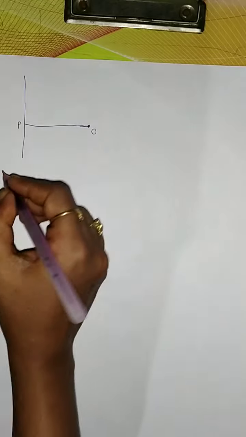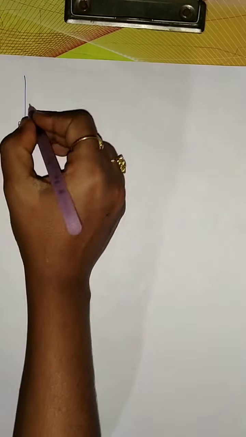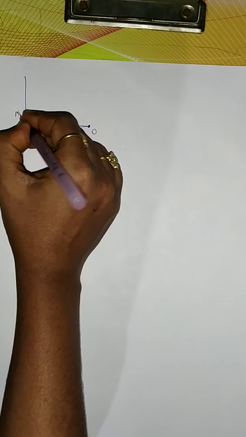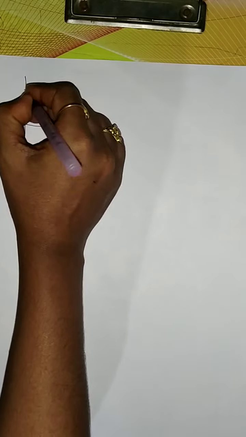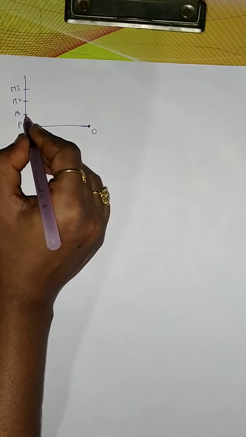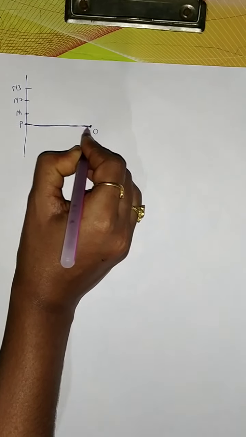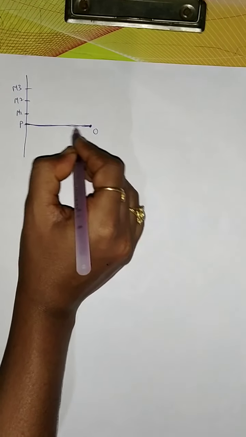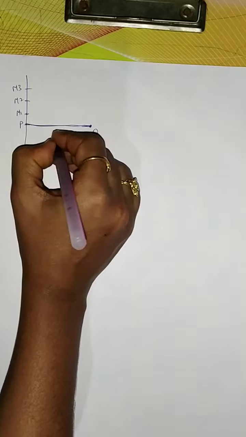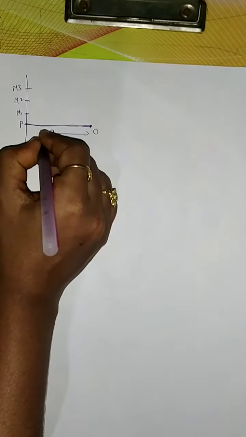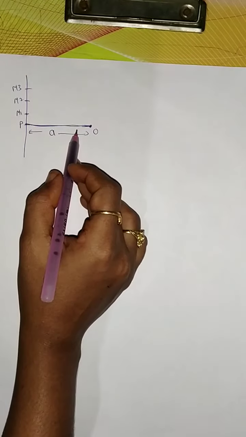This is the first center point P, this is the first circle M1, second circle M2, third circle M3. Now when light comes out from P and reaches point O, it covers a distance equal to A, as I already said in the last video.